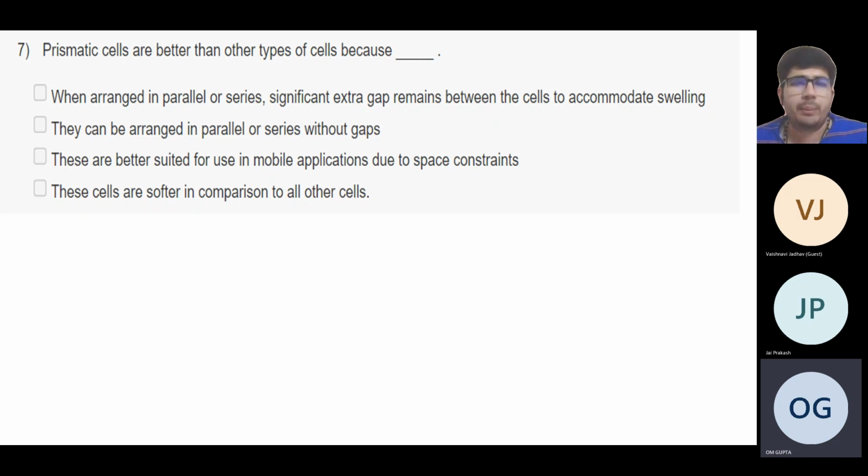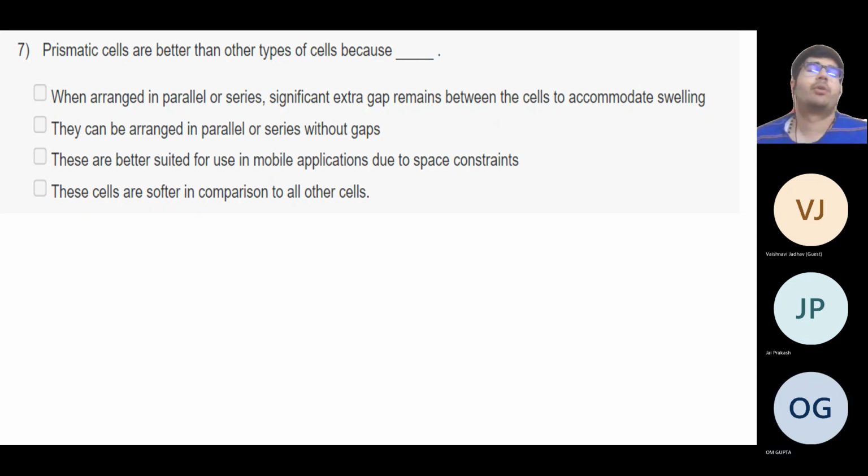You can think about some other options also, like you can just take the example of your mobile battery. So in a mobile battery, how many cells are there? Can you see how many cells are there? Yeah, there are in series. Because there is no gap, they can be arranged in parallel or series without gaps.